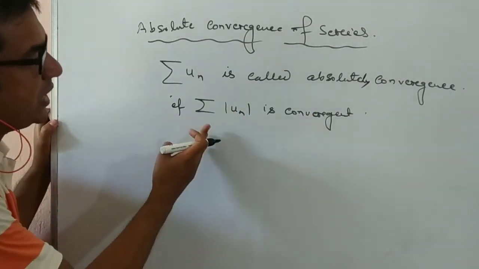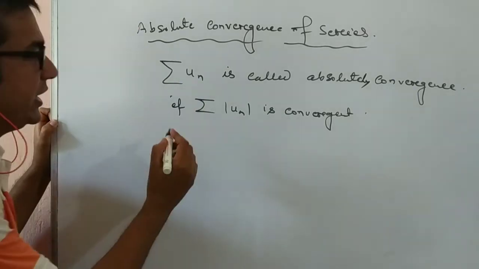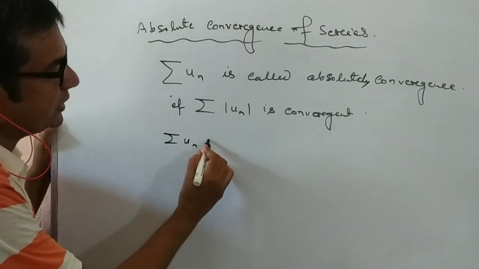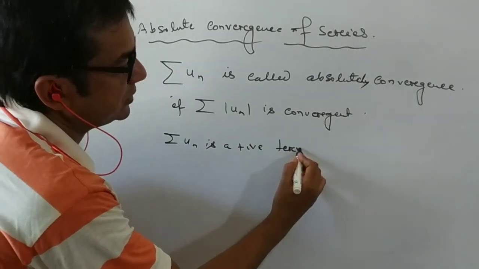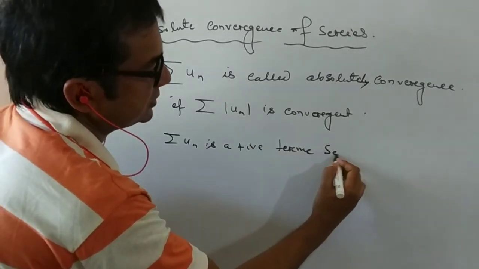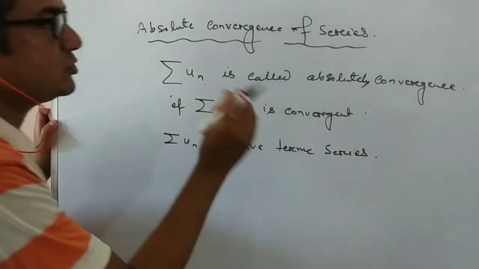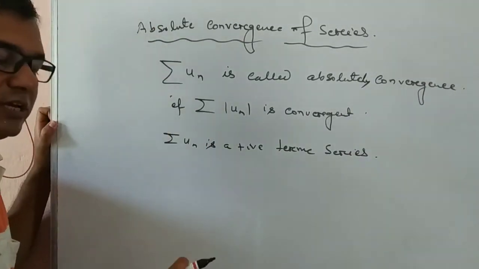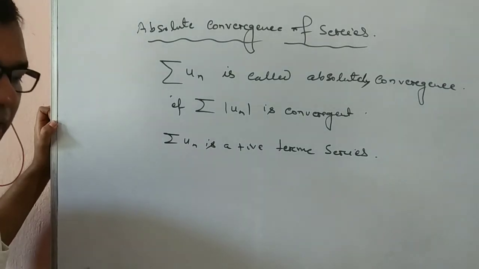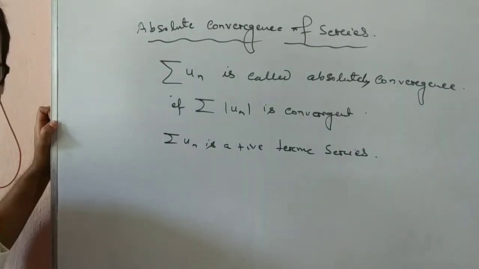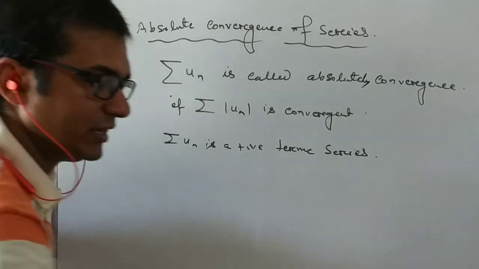So it is clear from the definition that if the series u_n is a positive term series, there is no difference between convergence and absolute convergence.